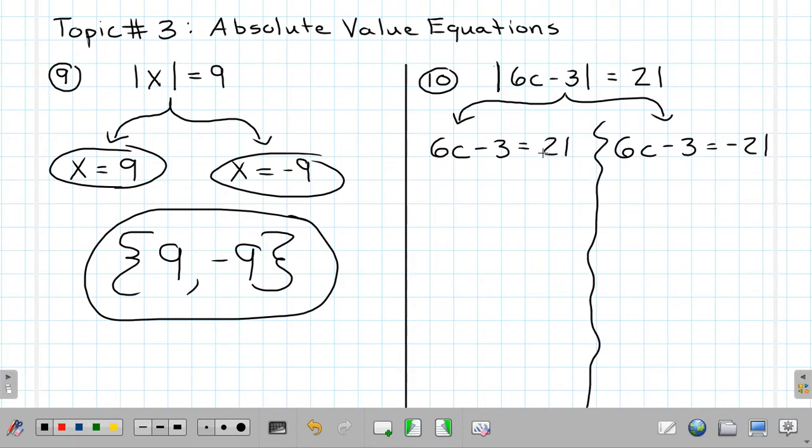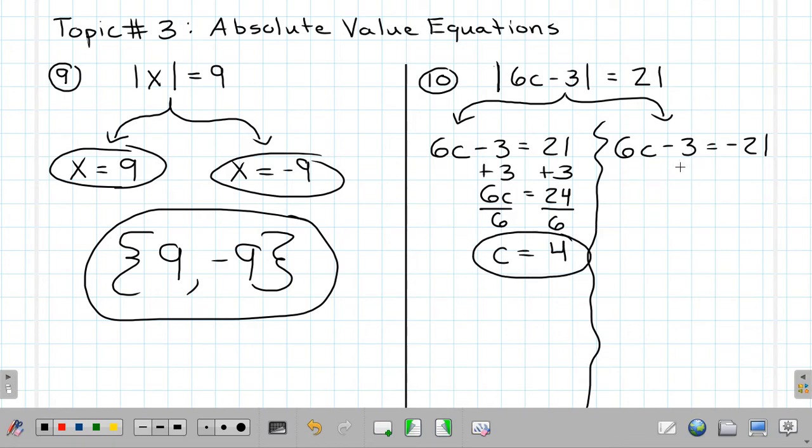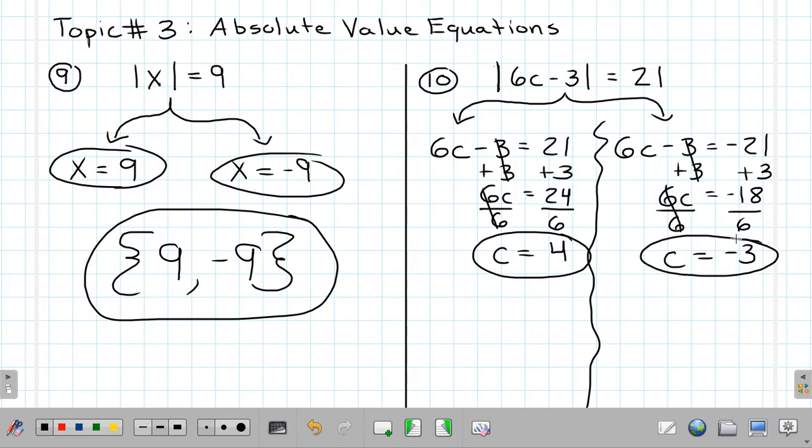Now once we solve both of these equations, same steps: add 3, 6c is equal to 24, divide by 6, c is equal to 4. Add 3, 6c is equal to, in this case, negative 18, divide by 6, c in this case would be negative 3.